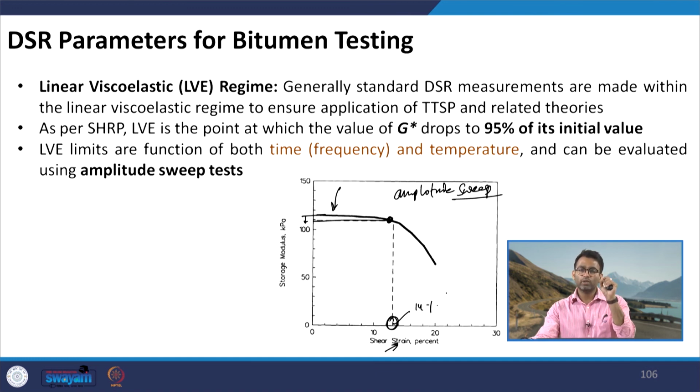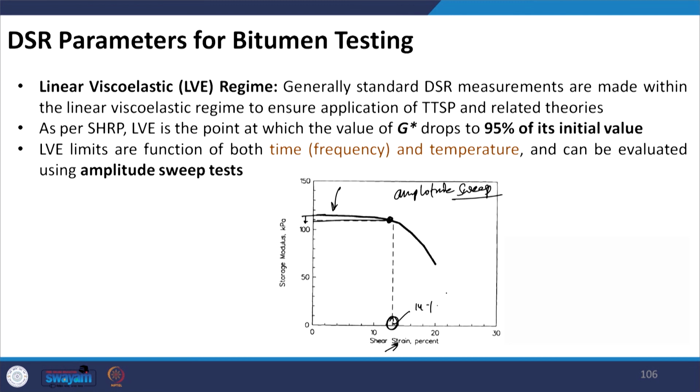If at 40 degrees Celsius I change the frequency, let us say I am doing the test now at 1 radian per second, then my LVE limit will again change. So, the LVE limit essentially is a function of both time and temperature. It is important that when doing this testing, we ensure that at that combination of time and temperature, the strain or stress which we are selecting is within the linear viscoelastic regime.